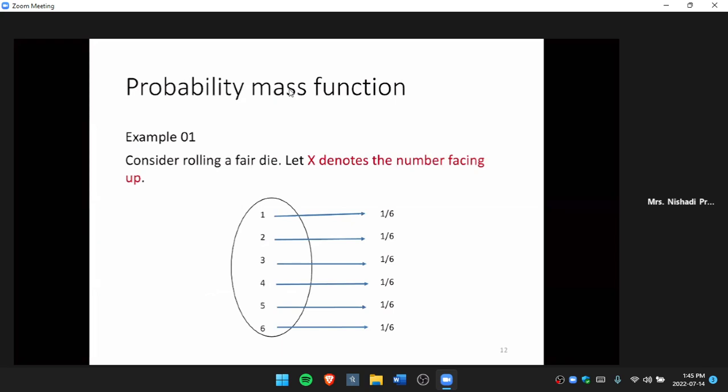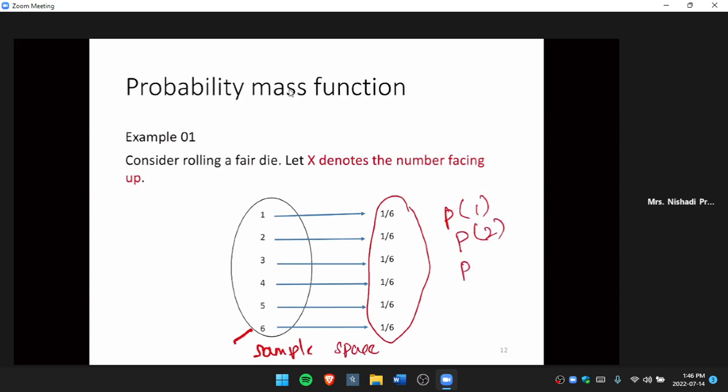So this is the original sample space of this experiment, rolling a fair die. And on the right hand side you have their associated probabilities, which means probability of getting 1, probability of getting 2, probability of getting 3.